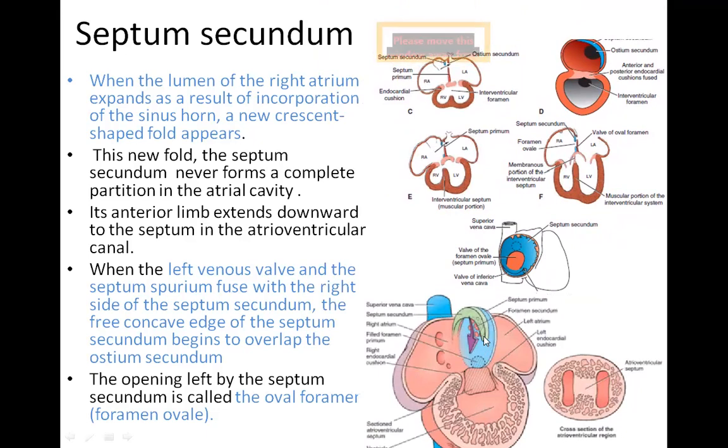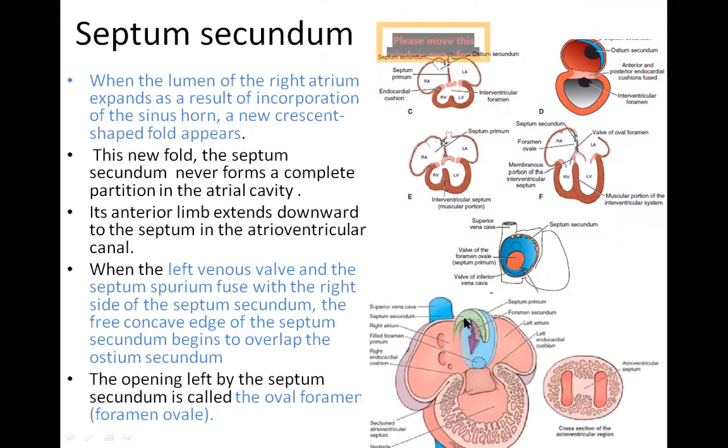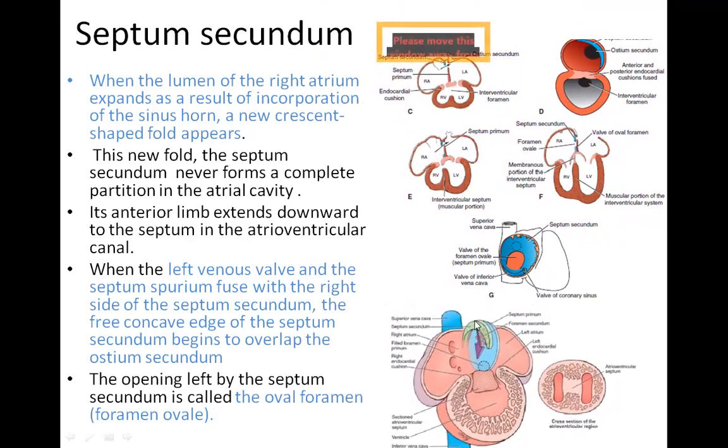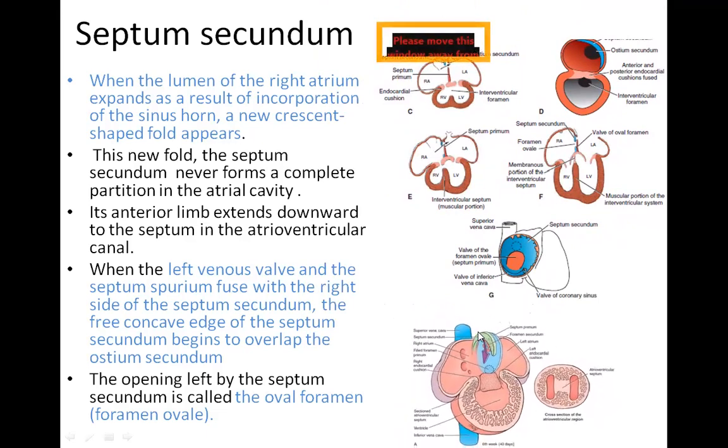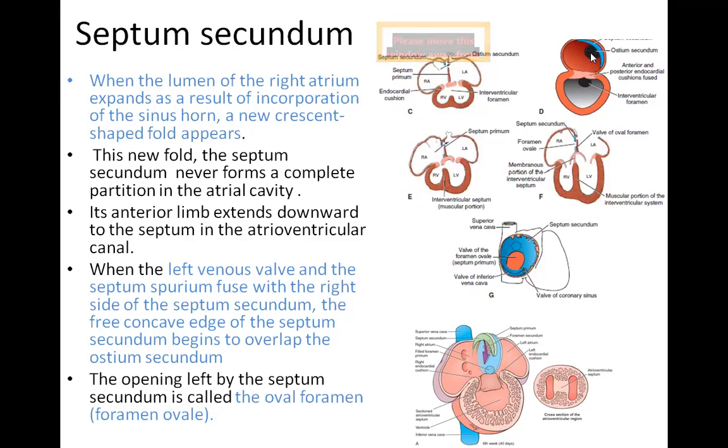When the left venous valve and the septum spurium fuse with the right side of the septum secundum, the free concave edge of the septum secundum begins to overlap the ostium secundum. Earlier there was an ostium primum beneath the septum primum, then it was obliterated completely. Then there was formation of the ostium secundum because of the coalescence of the clefts formed by programmed cell death in the upper part of the septum primum.